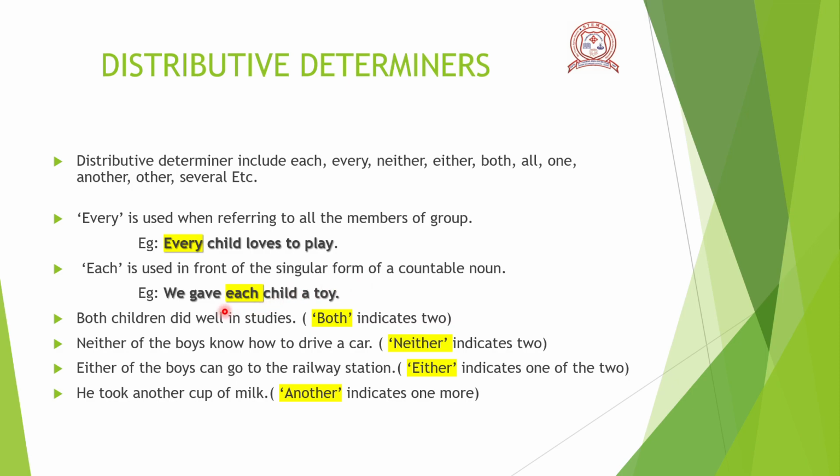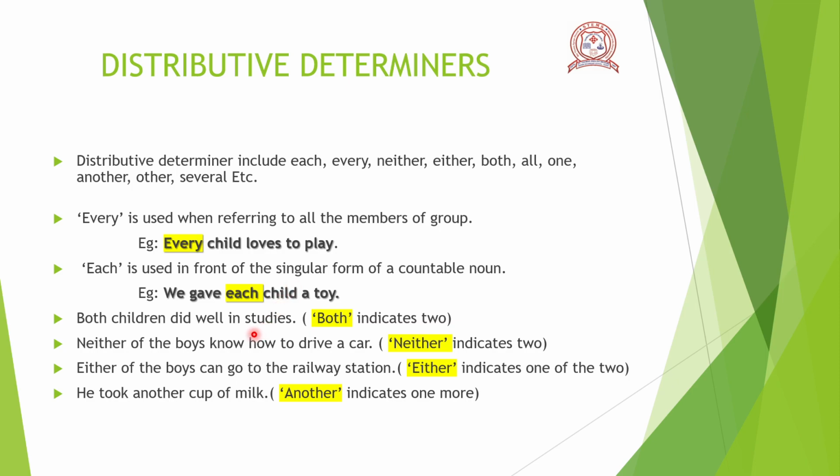Example, we gave each child a toy. Each child, each single child, was given a toy. I hope you understood the difference between every and each. Every means it's referring to all the members of the group in general. Each is used for each single countable person there.